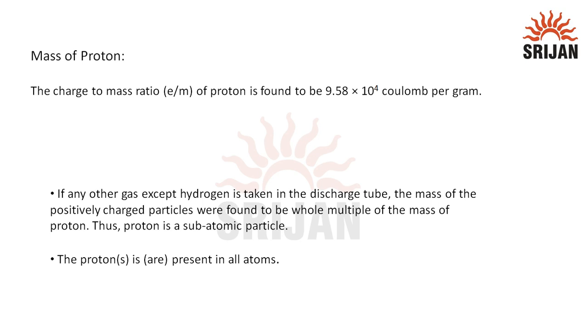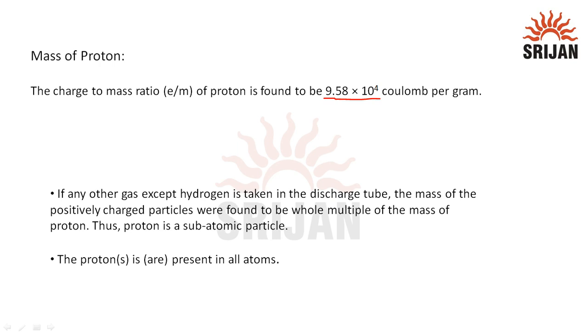Now the mass of proton. We have seen that the charge to mass ratio of proton is found to be 9.58 times 10 to the power 4 coulomb per gram. Now we will find out the mass of proton.